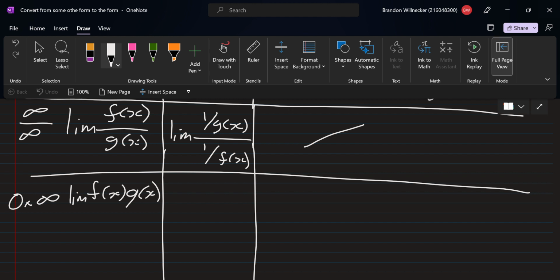What we want to do is convert this into a form where we have 0 at the top, 0 at the bottom. How do we do that? Same trick as before. We know that g is going to infinity, so 1 over g is going to 0. So we can write this as the limit of f of x over 1 over g of x.